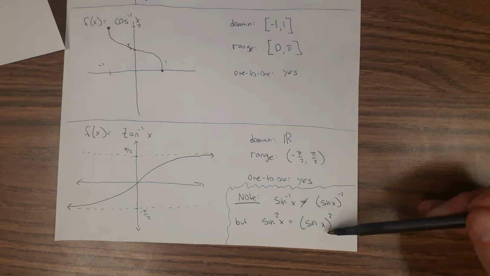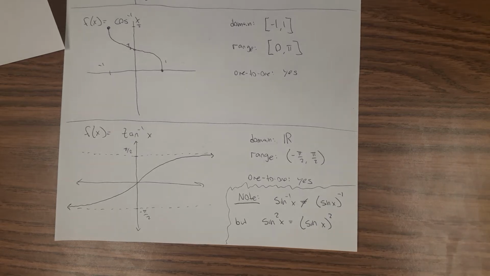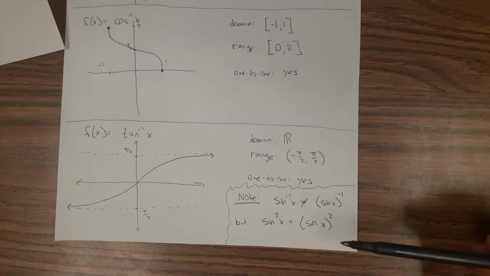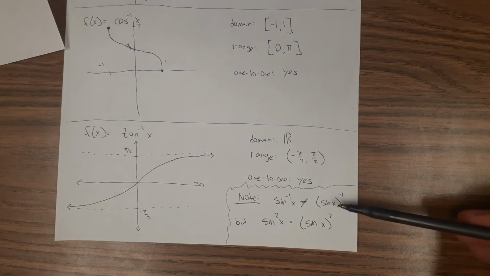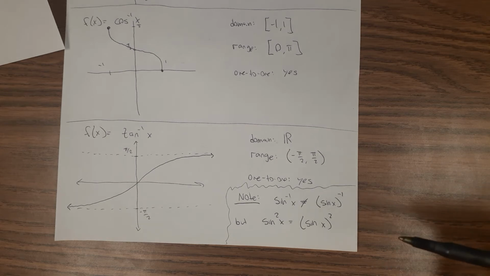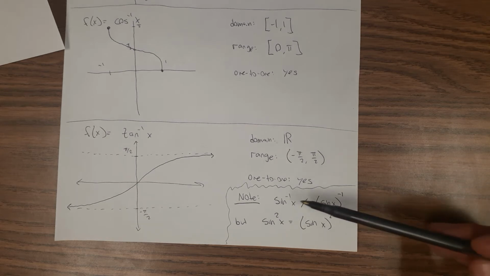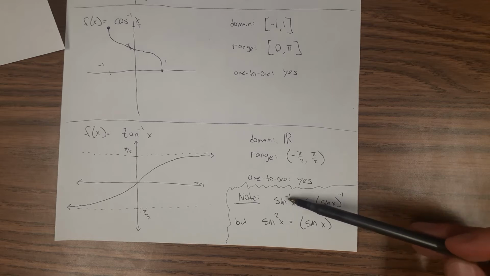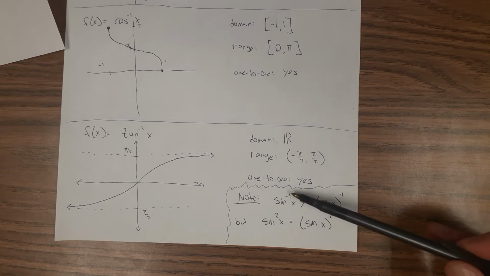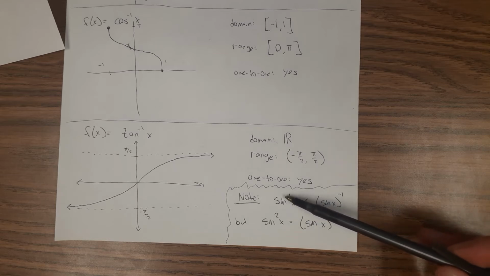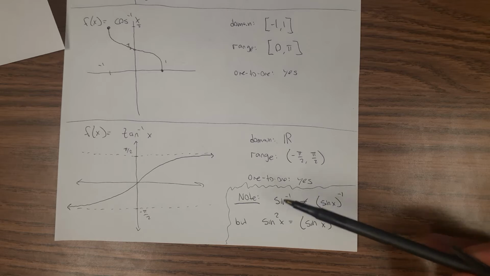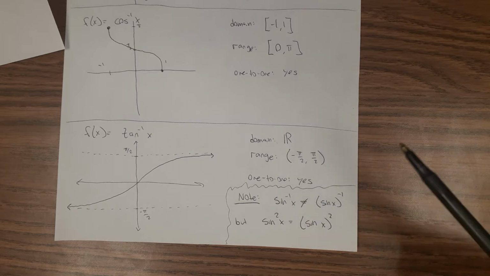It's the same as just writing this in parentheses to that power. If I could go back in time and convince mathematicians that we should have a different notation, then I would, but this is pretty well ingrained at this point. So please just remember that this is not the same thing. When you write a -1 in what looks like a power on top of a trig function, that means the inverse trig function. It doesn't mean a power.